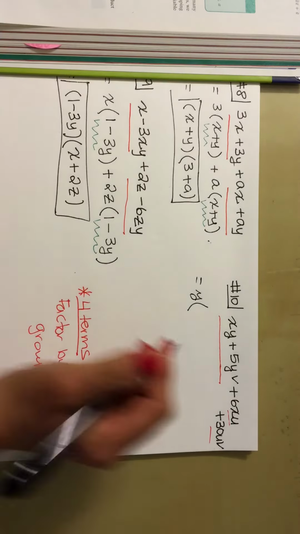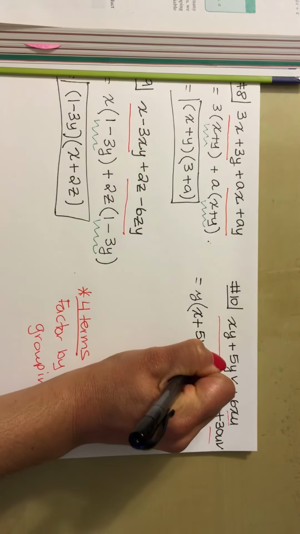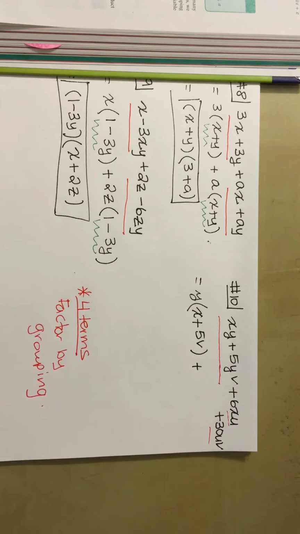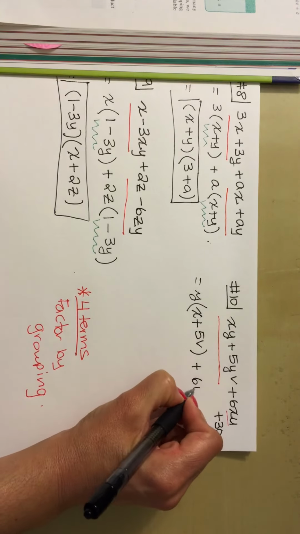Then in the parentheses, x plus 5v. Plus, bring down the sign. Second 2 terms, you're going to factor out the GCF. I know it's written in a weird way here, but you've got 6 and you've got 30. So the GCF is going to be 6u.